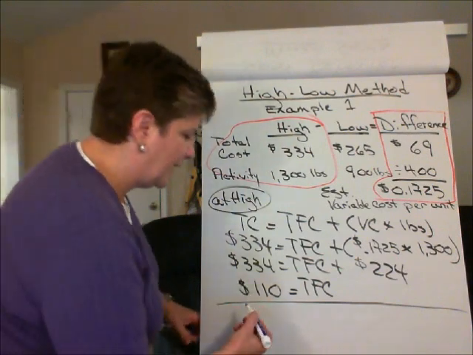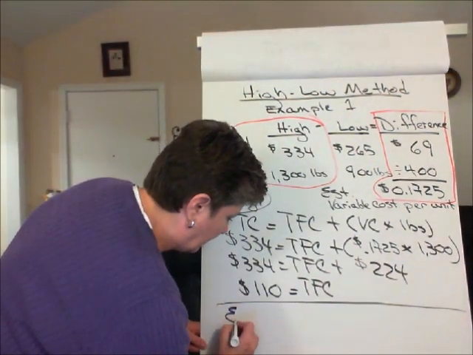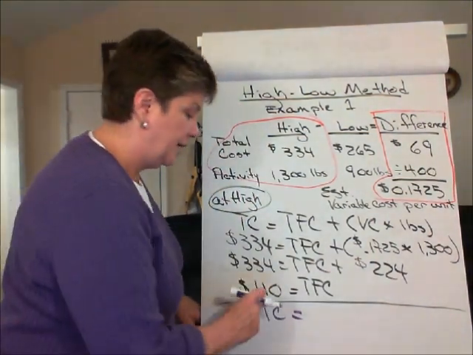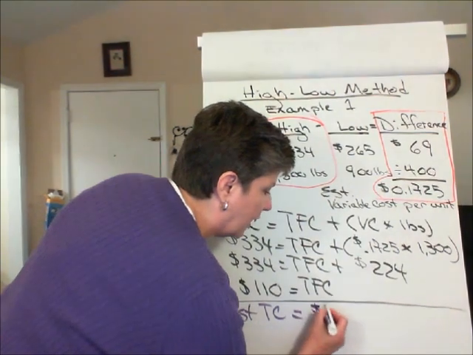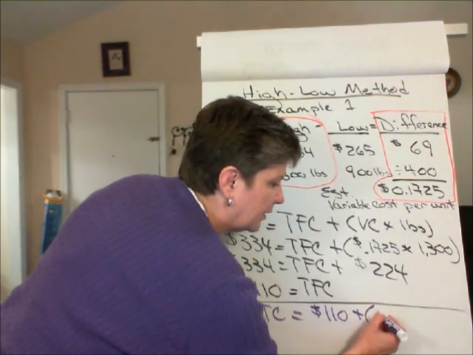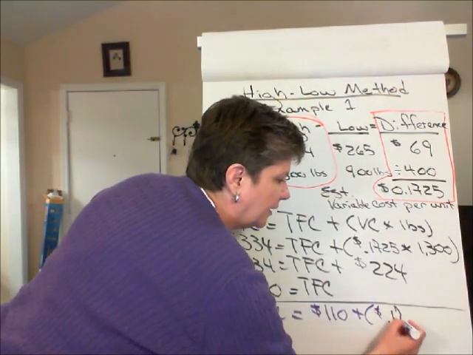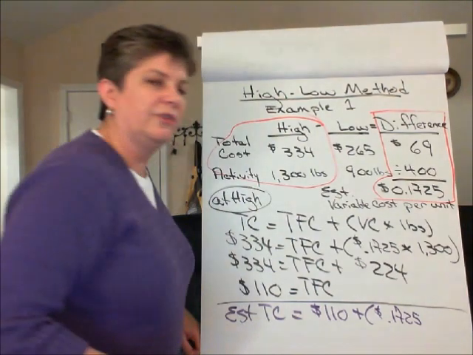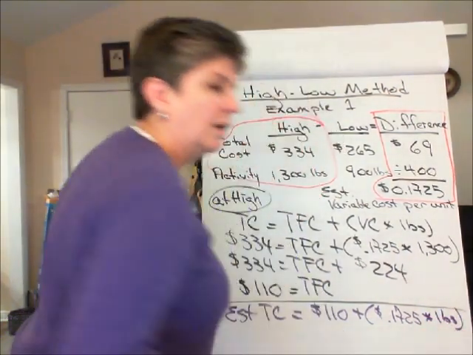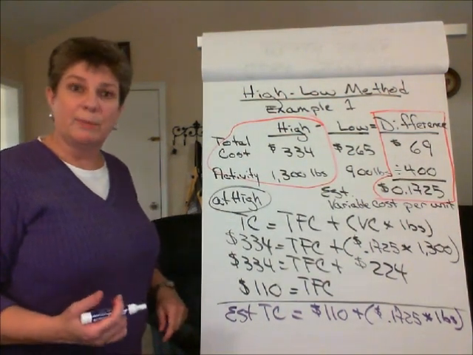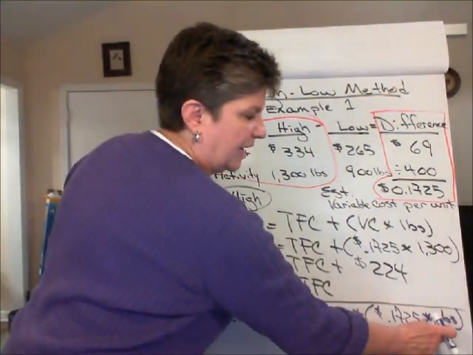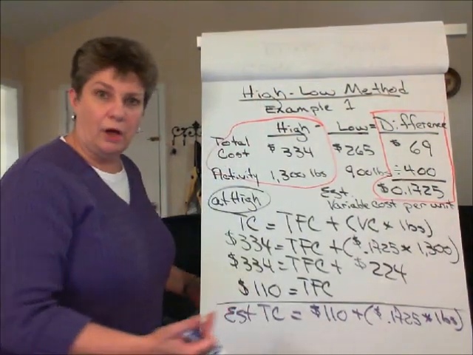So now our estimated total cost, based on the high-low method, is $110 fixed cost plus variable cost of 17.25 cents times the number of pounds. So if we wanted to estimate what total shipping costs would be for 1,500 pounds, we just plug that 1,500 in here and solve the math.